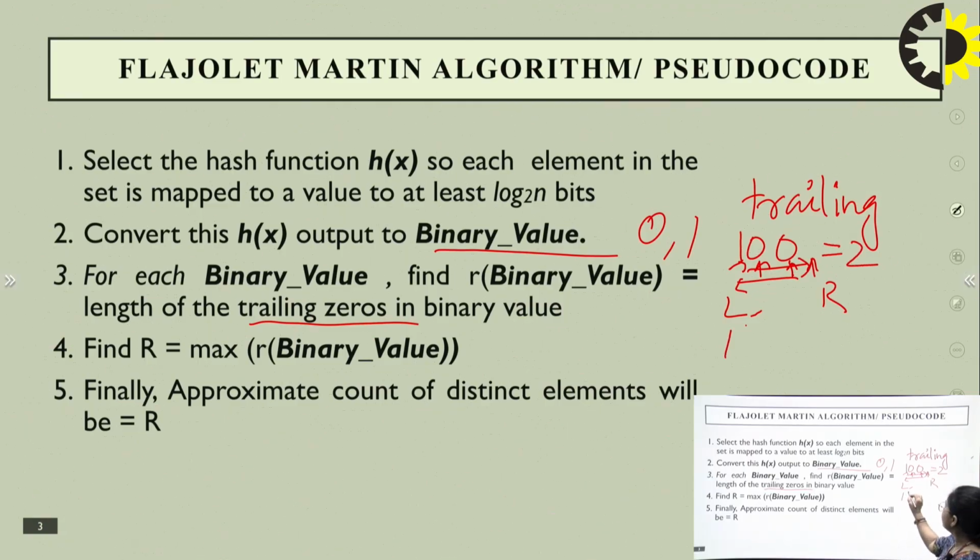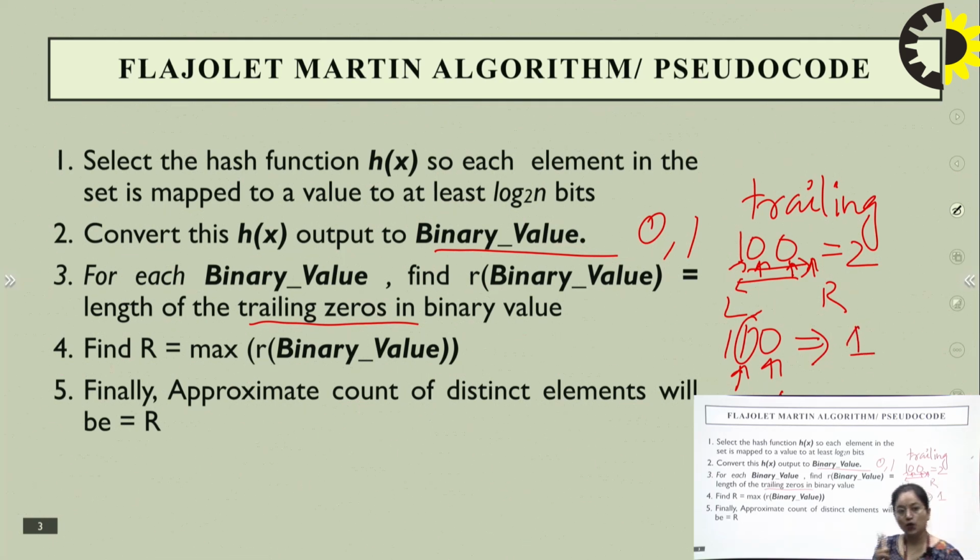Suppose the next one is 1, 1, 0. Here again we count the 0s till we get the 1. Here it is 1, and then we get the bit 1, so we stop, and the number of trailing 0s is 1.